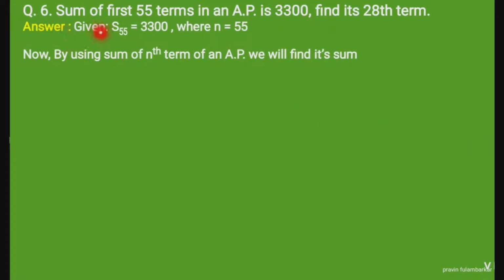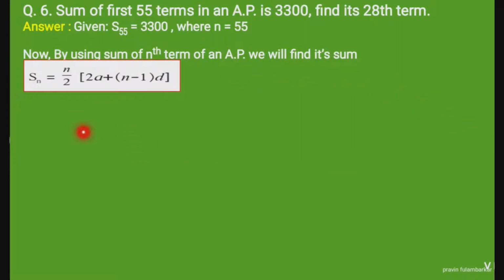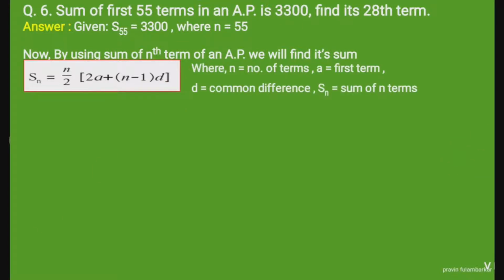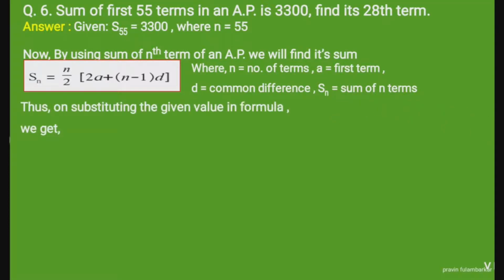So we write the given part, given S55 equals 3300, where n equals 55. Now by using the sum of n terms of an arithmetic progression, we write the formula Sn equals n by 2 into 2a plus n minus 1 into d. So you know n is the number of terms, a is the first term, d is the common difference, Sn is the sum of n terms.